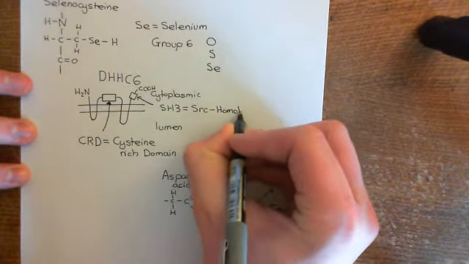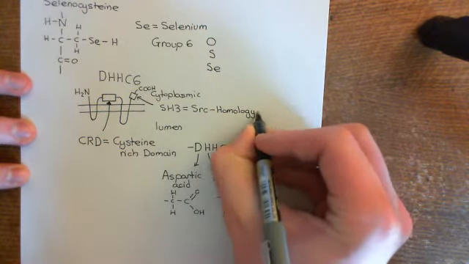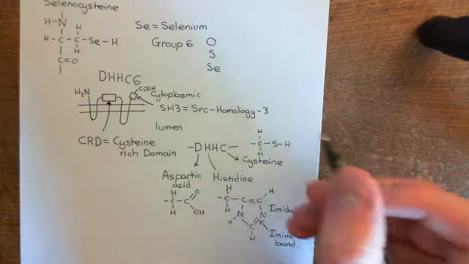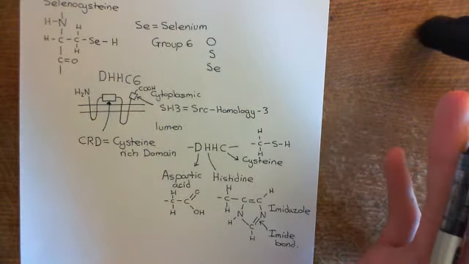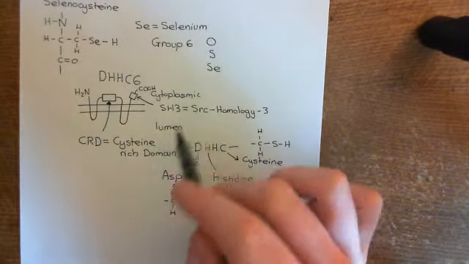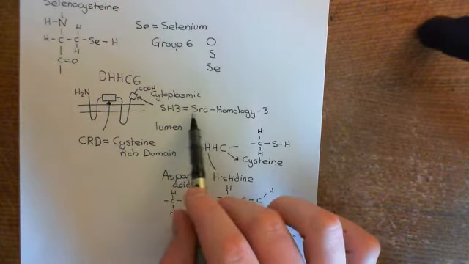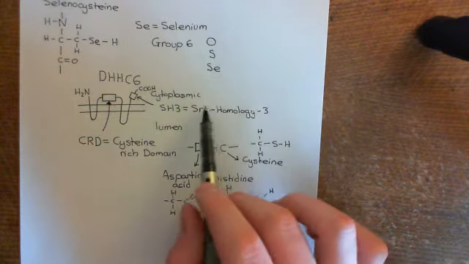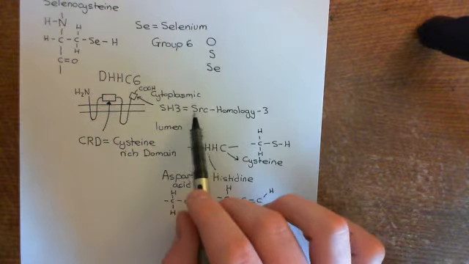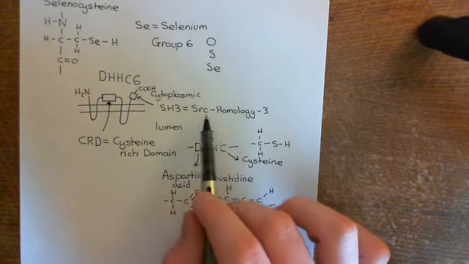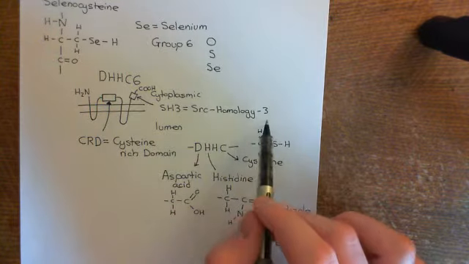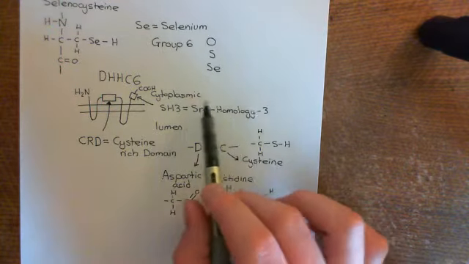Okay, so this is a Src homology 3 domain. Okay, so Src, remember, stands for steroid receptor coactivator, and it's involved in glucocorticoid pathways. So this is a domain that is present within steroid receptor coactivator, so it's homologous to a domain in steroid receptor coactivator, and it's the 3rd homologous domain.